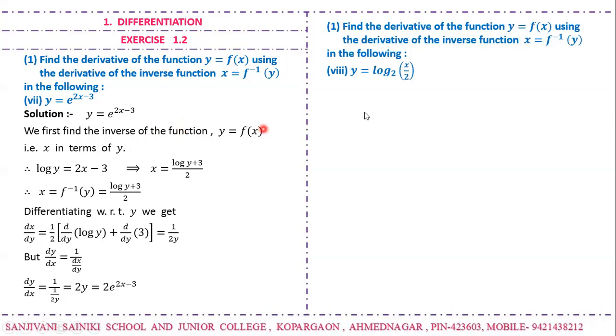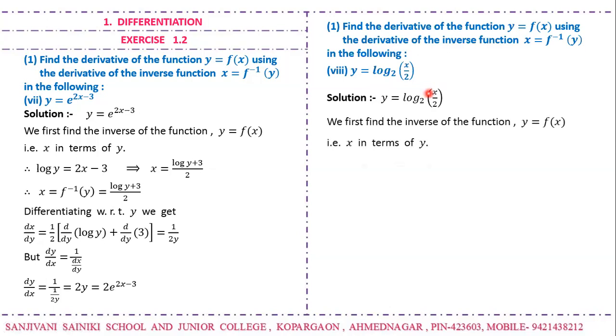Now the next example is y is equal to log of x by 2 to the base 2. Here the base is 2. Whatever formula I told you last time, now here we have to simplify it and write the function x in terms of y. So 2 raised to y is equal to x upon 2, and then find the value of x.